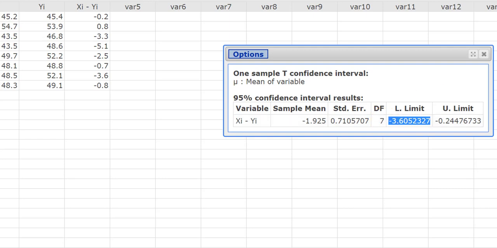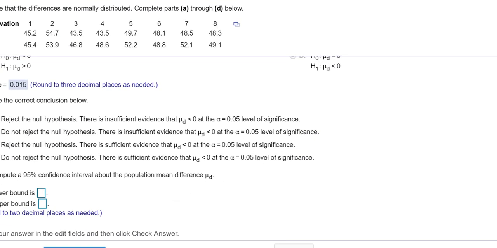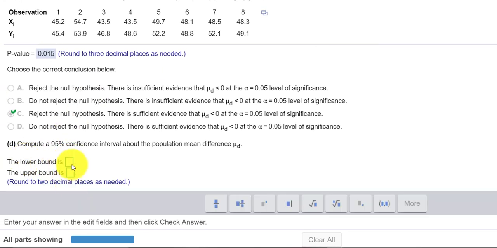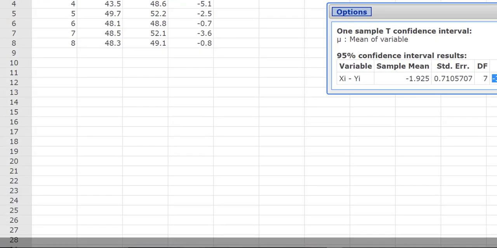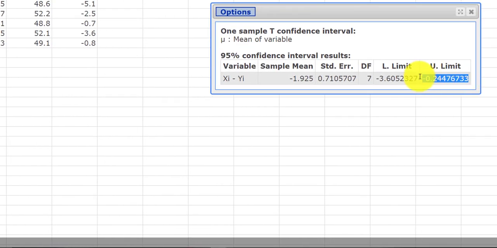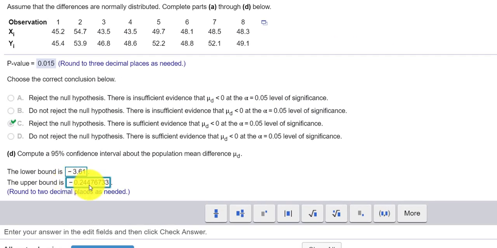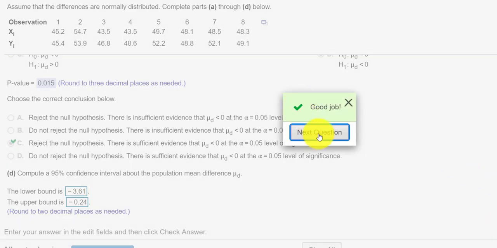So let's enter the lower limit. And it looks like we only have to go 2 decimal places. And then my upper limit was this value here. And again, I believe we only have to go 2 decimal places. Check answer. Boom. Good job.